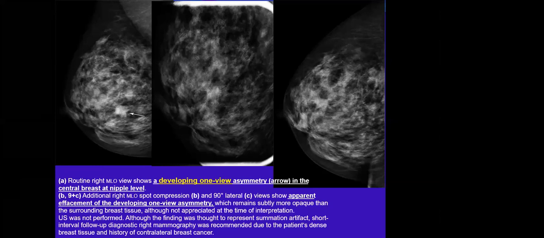asymmetry. So what is next in a developing asymmetry? It is even getting effaced, as if it is just normal tissue. But remember, it is a developing asymmetry. I have to consider it. Ultrasound.